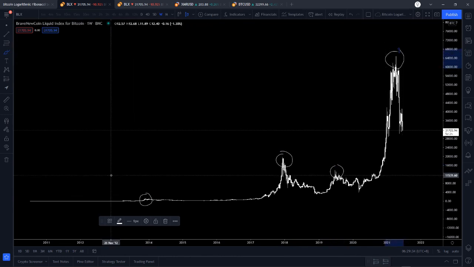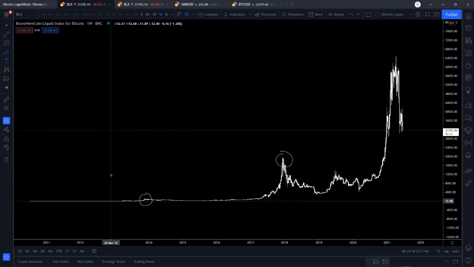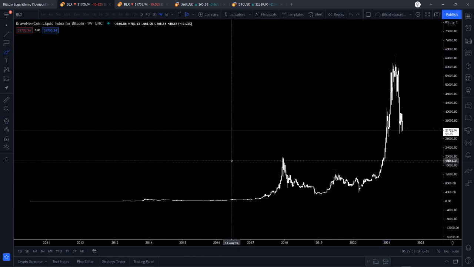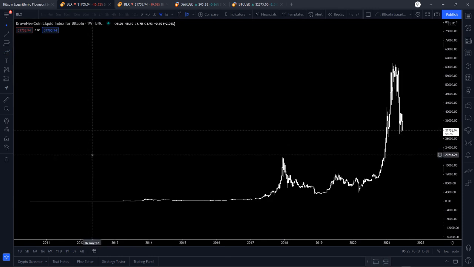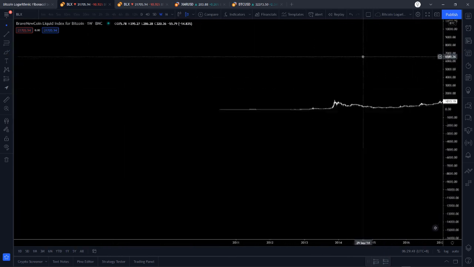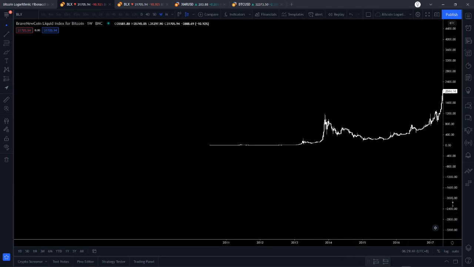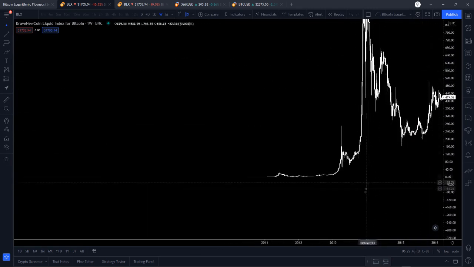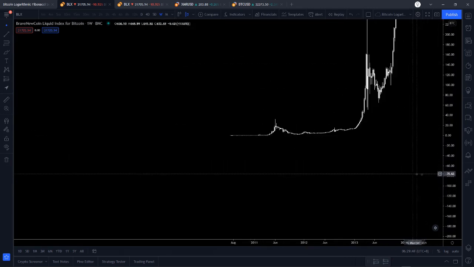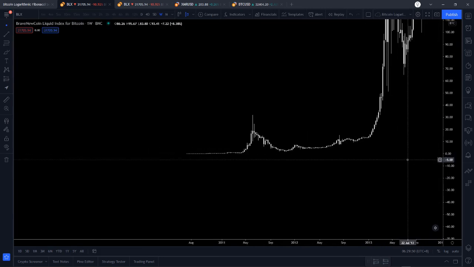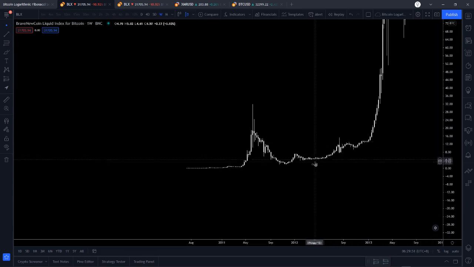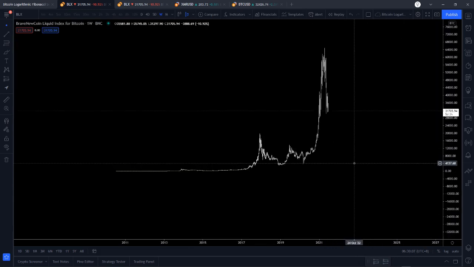But actually, there's another cycle that we can't quite see in this picture that we have to zoom in to find. If we zoom in to smaller and smaller price movements, we can see that there is in fact one very small cycle in 2011.